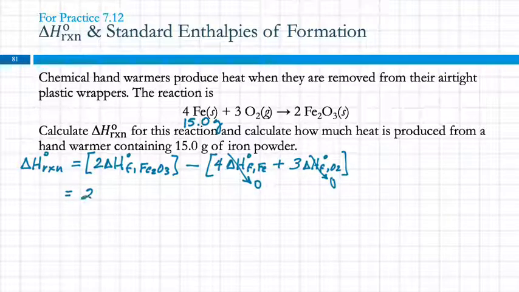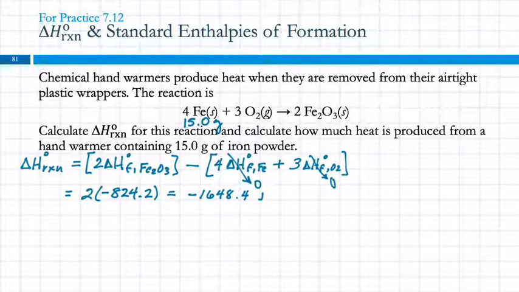So 2 times minus 824.2. So negative 1648.4 kilojoules. So we could write that up here.